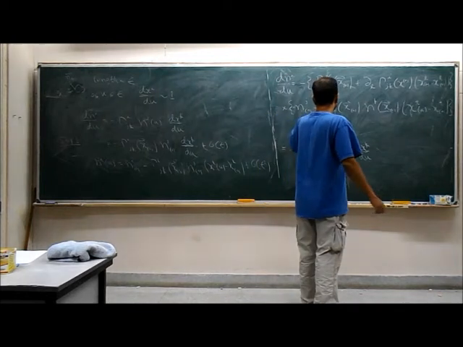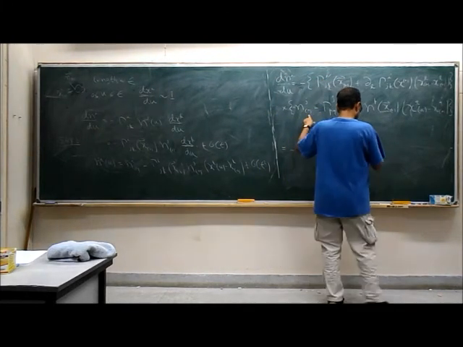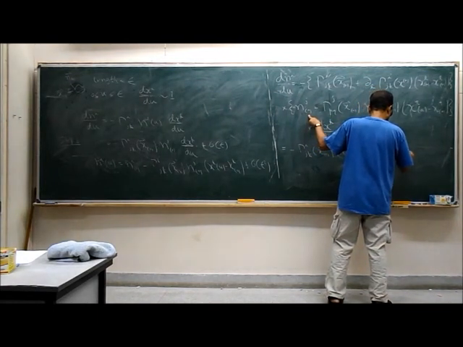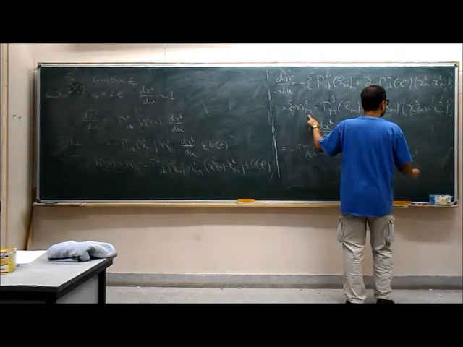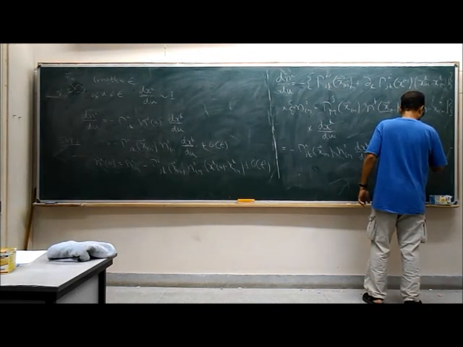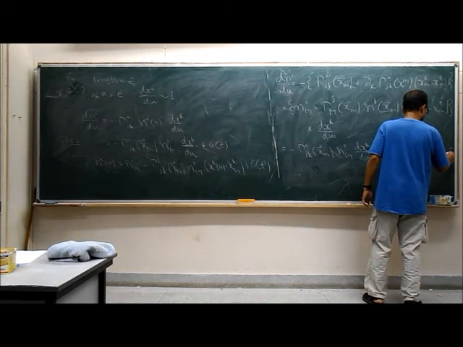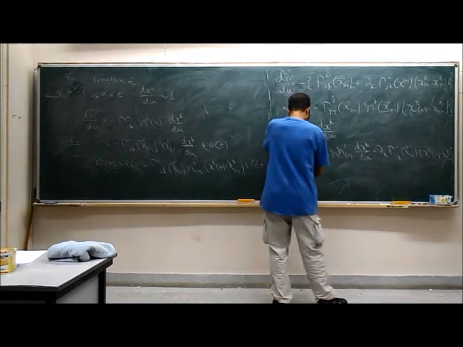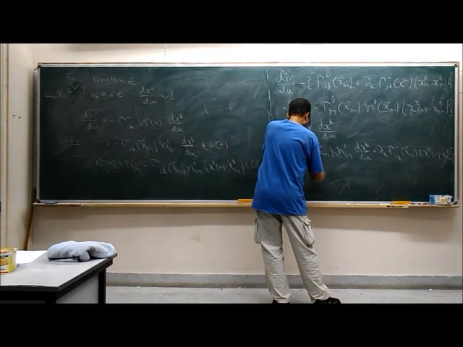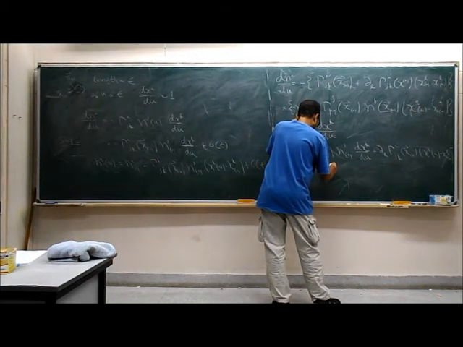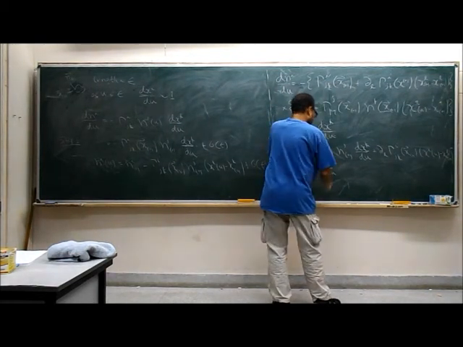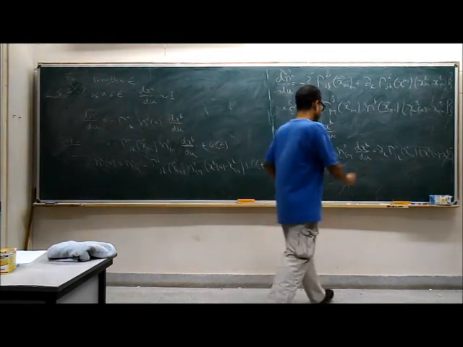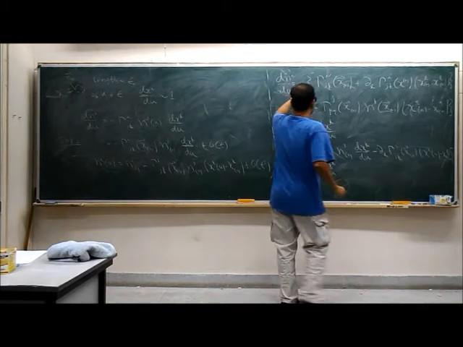Then let's look at this term: plus ln gamma I j k x naught, x l minus x naught l, times n j naught dx. There's a minus sign because of the overall minus sign.